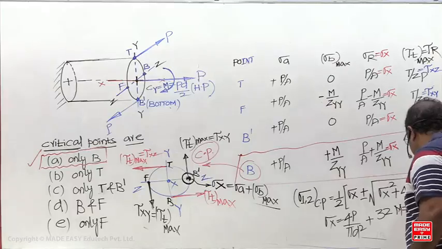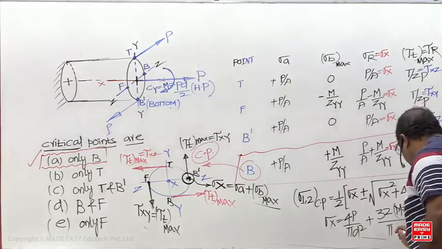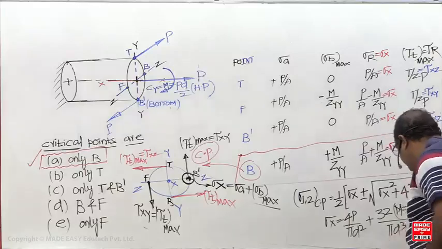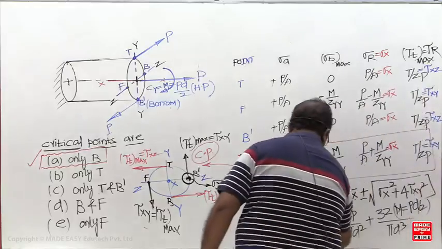Load into eccentricity. What is the eccentricity? The bending moment is P into d by 2, eccentricity d by 2. And what about tau xy?